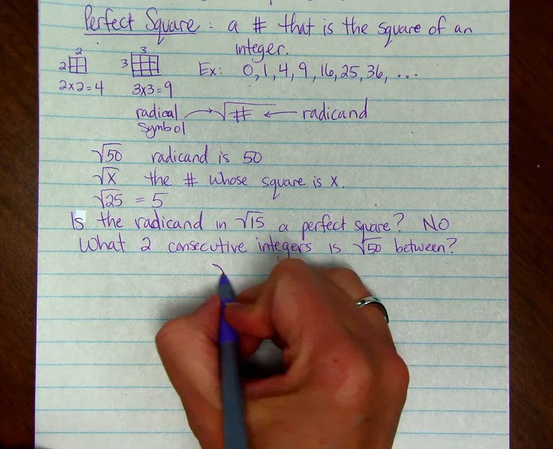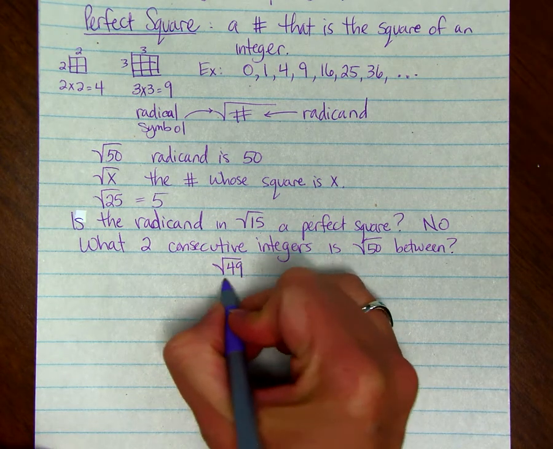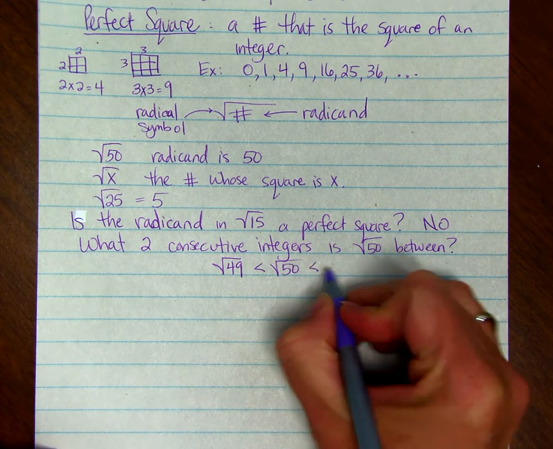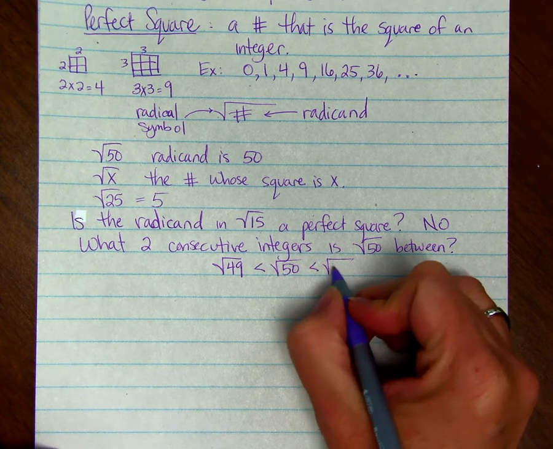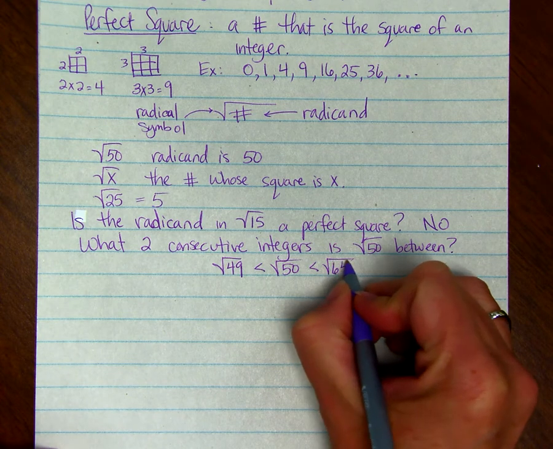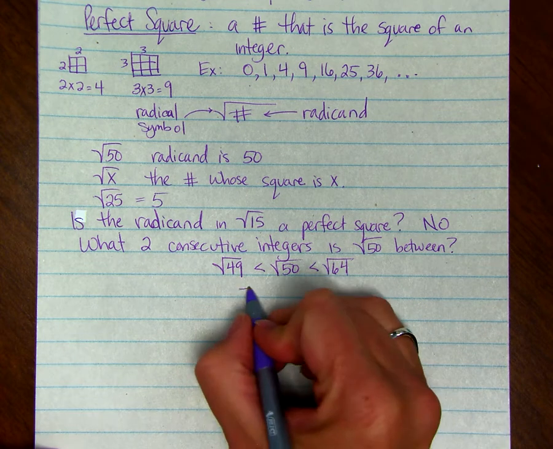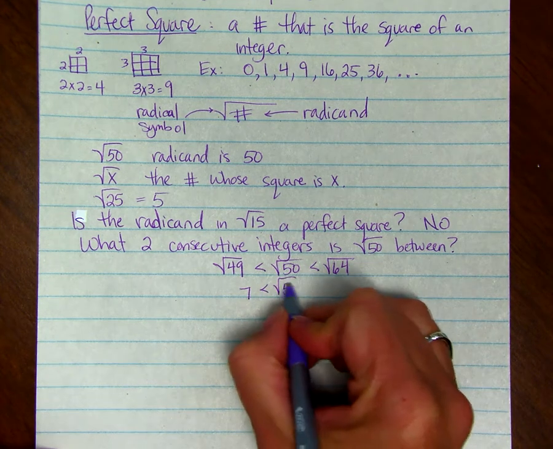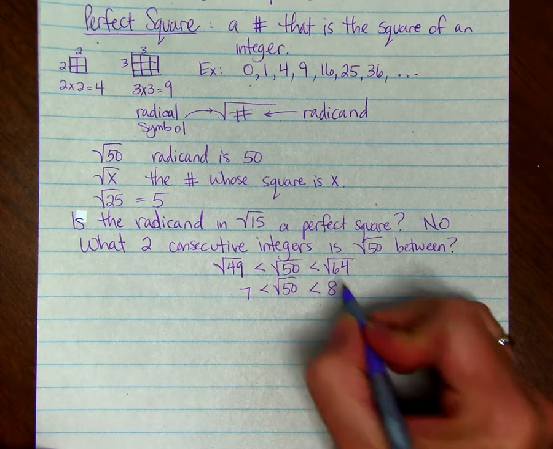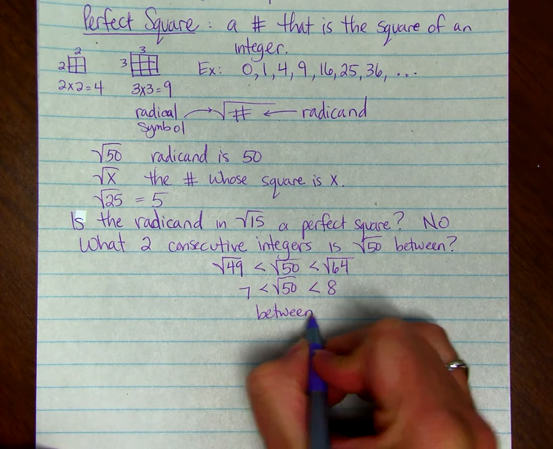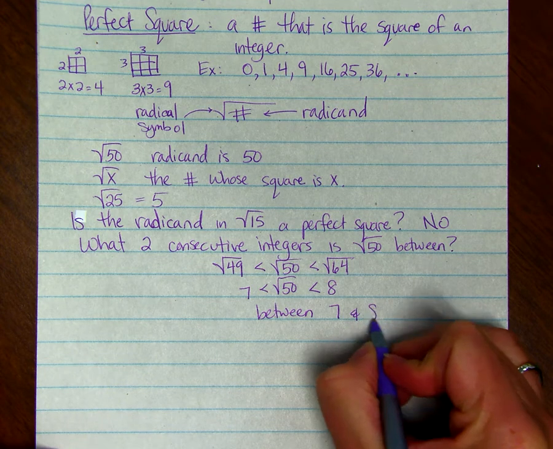So we could say that the square root of 49, a perfect square, is less than the square root of 50, which is less than the square root of the next perfect square, 64. The square root of 49 is 7, and the square root of 64 is 8. So the square root of 50 is between 7 and 8.